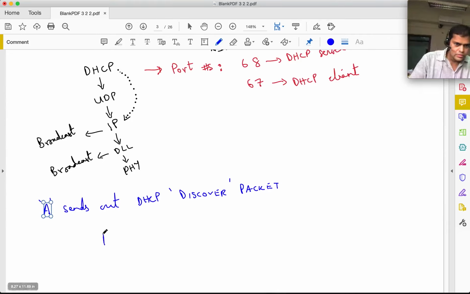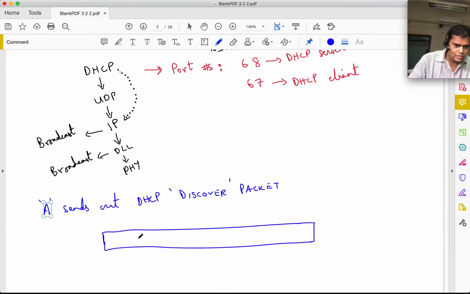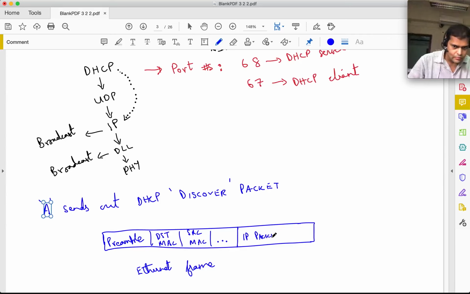We are assuming that we are using Ethernet at the data link layer, so this is an Ethernet frame. We have the various fields here, type field and whatever, and then there is an IP packet sent out. This IP packet includes the UDP header and so on and the DHCP information.